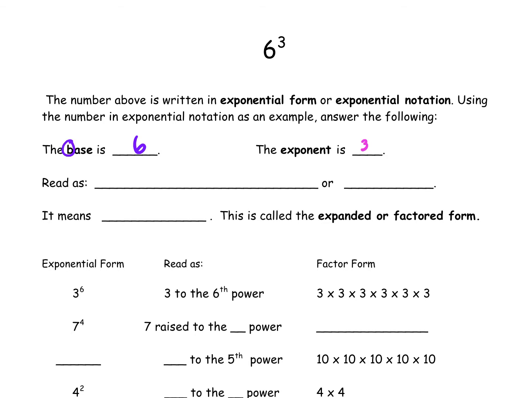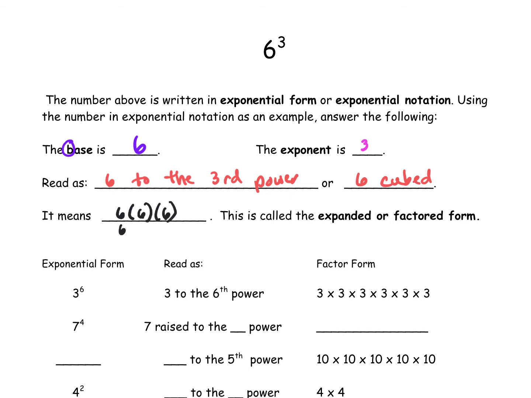And we read that as 6 to the third power, or we could say 6 cubed. That's kind of a nickname for it. And we'll talk about that when we get to volume because we're going to be using 3 dimensions. It means 6 times 6 times 6.